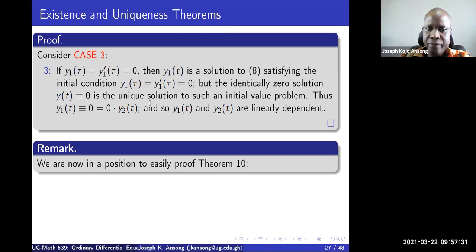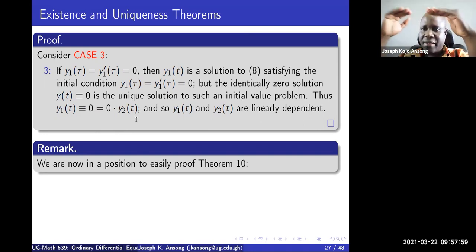So if y1 is a solution with these conditions, then the solution is actually the identically 0 solution, which is the unique solution to such an initial value problem. Therefore, y1 of t is identically 0 and can also be written as 0 times y2, which means that y1 and y2 again are linearly dependent solutions.